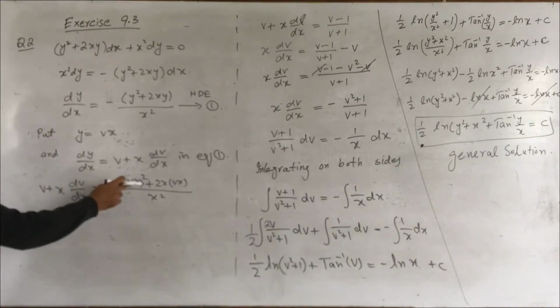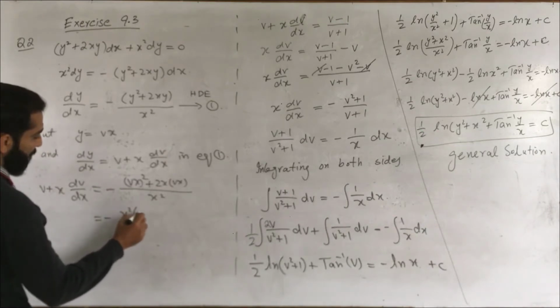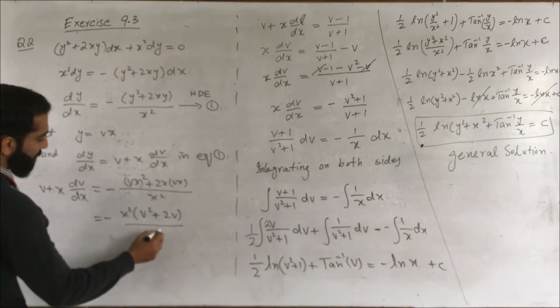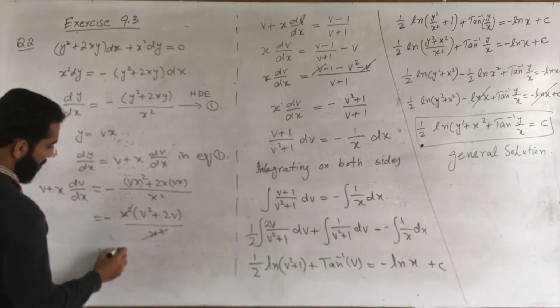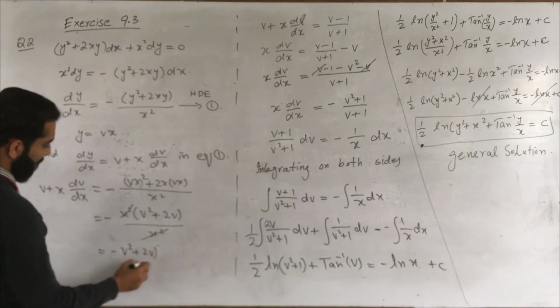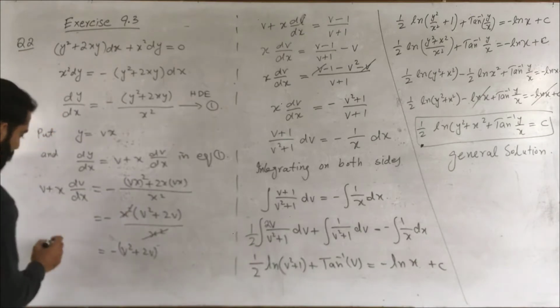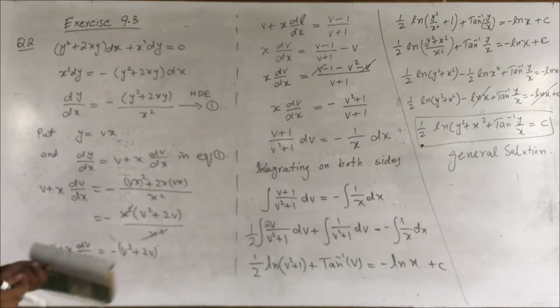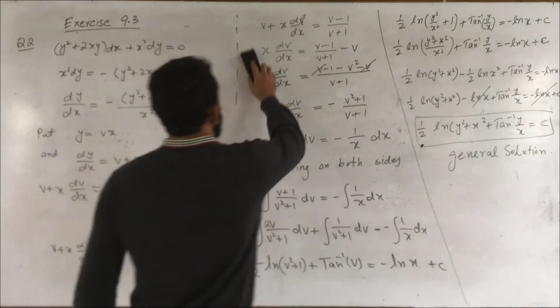If we take x square common from the upper side, we can have minus x square into (v square plus 2v) divided by x square. This x square cancels out, with minus, v square plus 2v remains, so minus v square minus 2v. Now v plus x dv over dx remains here, and we can now separate the variables of v and x.